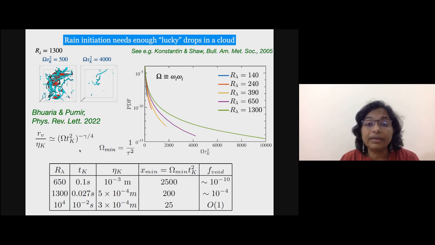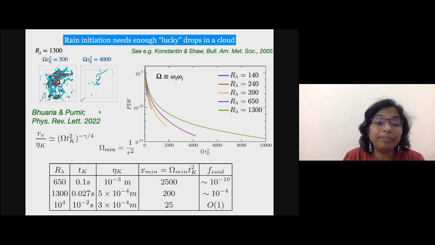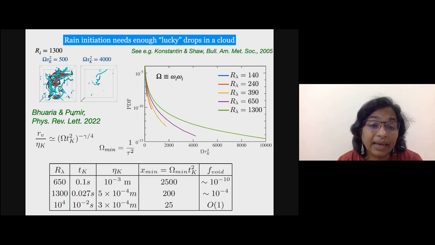Here we're talking about homogeneous isotropic turbulence without thermodynamics. Life is much, much better when there is thermodynamics, but we haven't completed that study with 3D, so I can't talk about it. But here we have this beautiful analysis of homogeneous isotropic turbulence at fairly big Taylor microscale Reynolds number made by Dhaval Bhuaria and Alain Pumer.